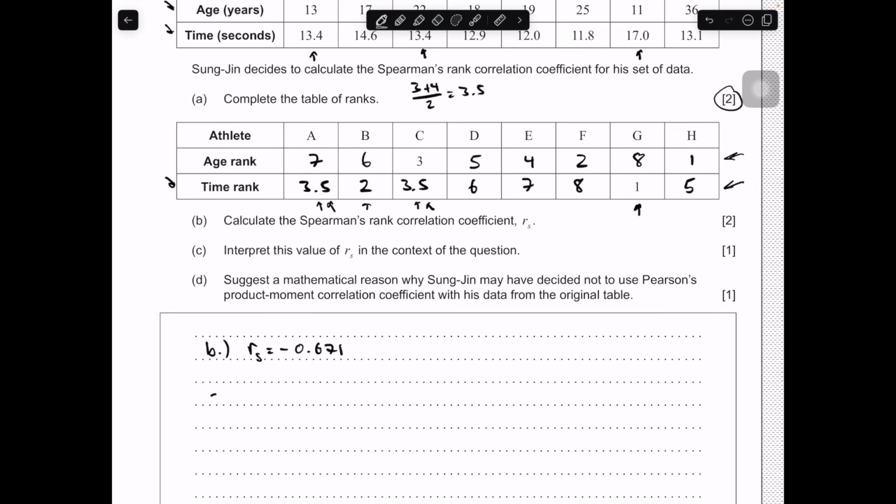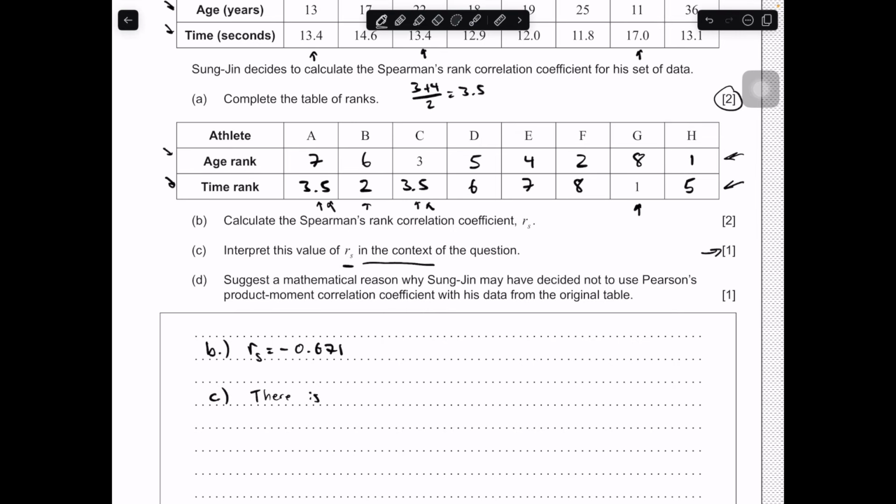Okay. C, interpret this value of RS in the context of the question. So whenever they write context, even though it's still just a 1-mark question, they're looking for specific mention of these variables. So in this case, we can say there is a negative correlation or there is a negative association.